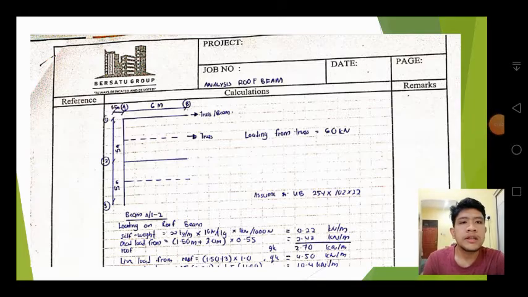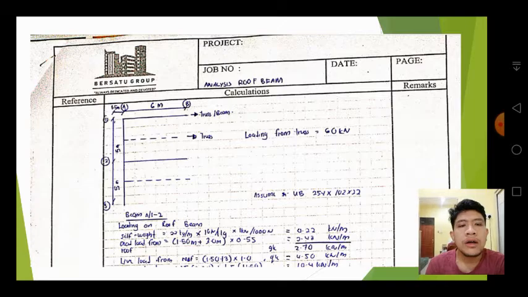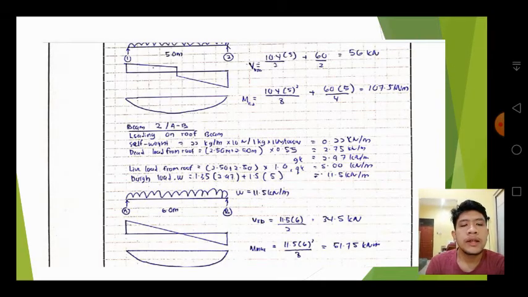This is the calculation for the analysis of a roof beam. First we need to know the loading on the roof beam and calculate the GK and QK, and then we check the MED and VED. We continue with the loading on the roof beam, calculating the self weight, dead load from the roof, and live load.